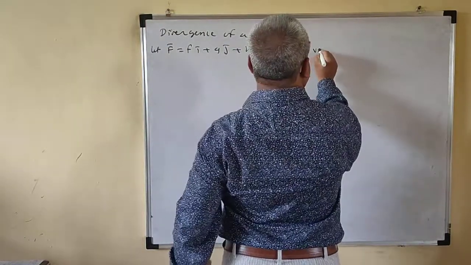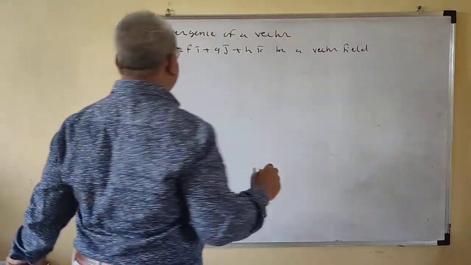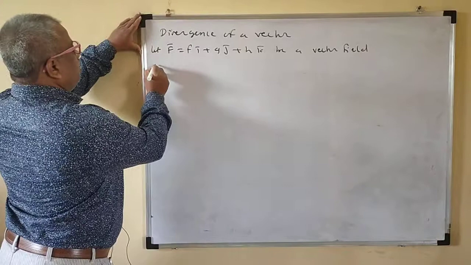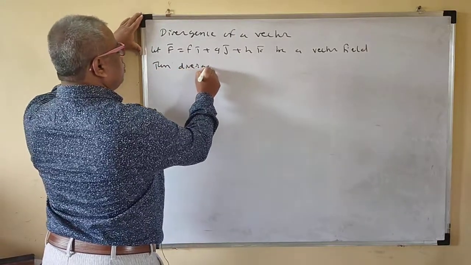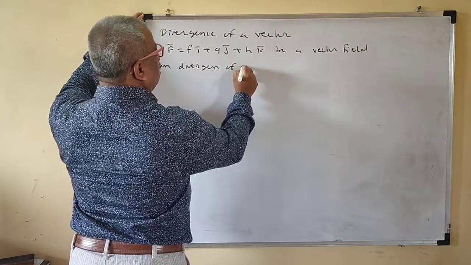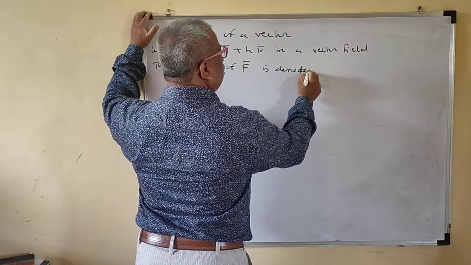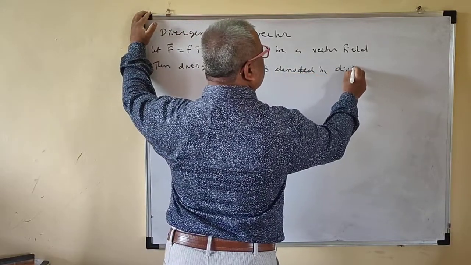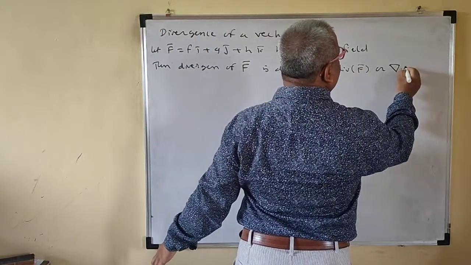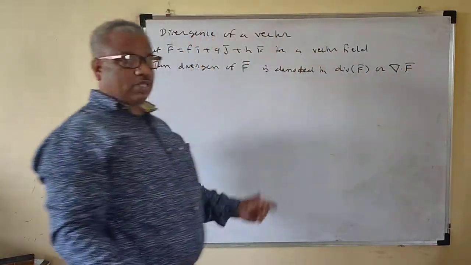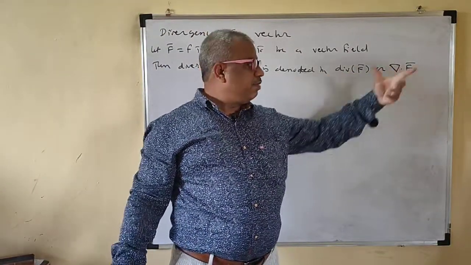Then divergence of f bar is denoted by div f bar, or this is what? Nabla dot f bar, because this is a vector. Nabla is a vector operator. This is nabla dot f bar.